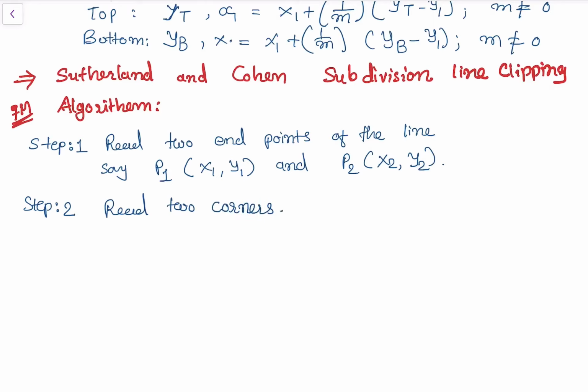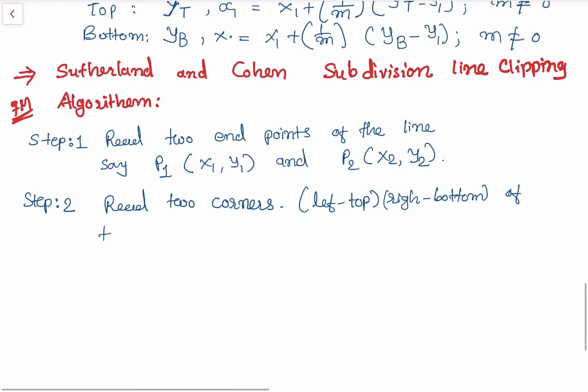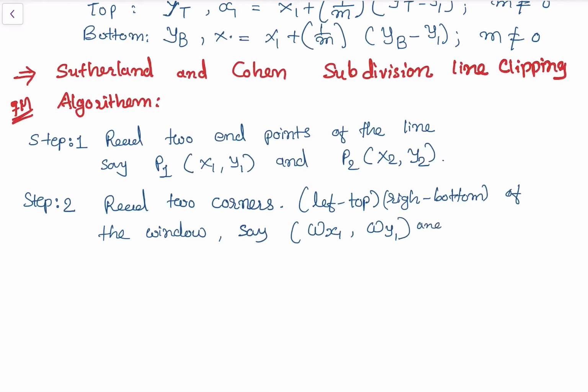that is left top and right bottom of the window, say window x1 comma window y1 and window x2 comma window y2.